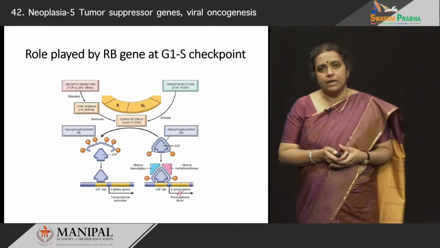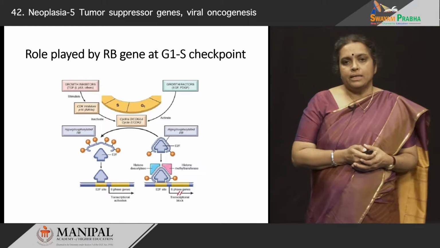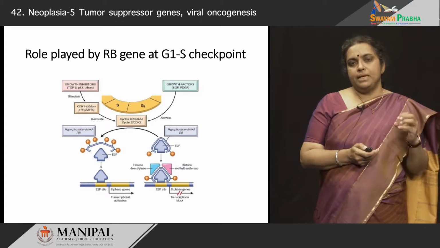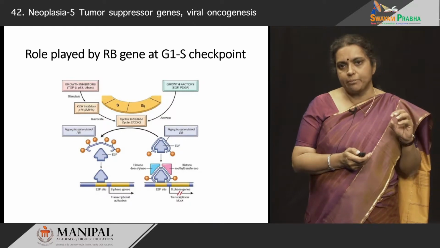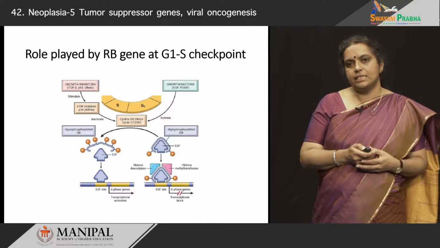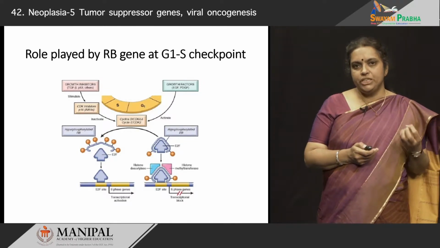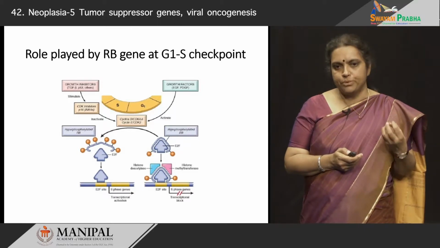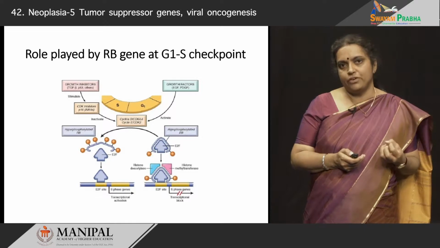Now, why is this RB gene and its product so important? That is because it plays a very crucial role in one of the most important checkpoints in the cell cycle, and this is the G1S checkpoint. Now, what happens is the RB gene product, or the retinoblastoma protein, in its active form, is a hypophosphorylated protein.